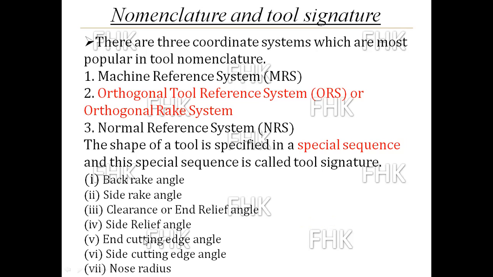The next two are the end cutting edge angle and side cutting edge angle, first the end cutting edge angle and second the side cutting edge angle. So the first two angles are rake angles, the next two are relief angles, the next two are cutting edge angles, and the last value in the tool nomenclature is the nose radius.